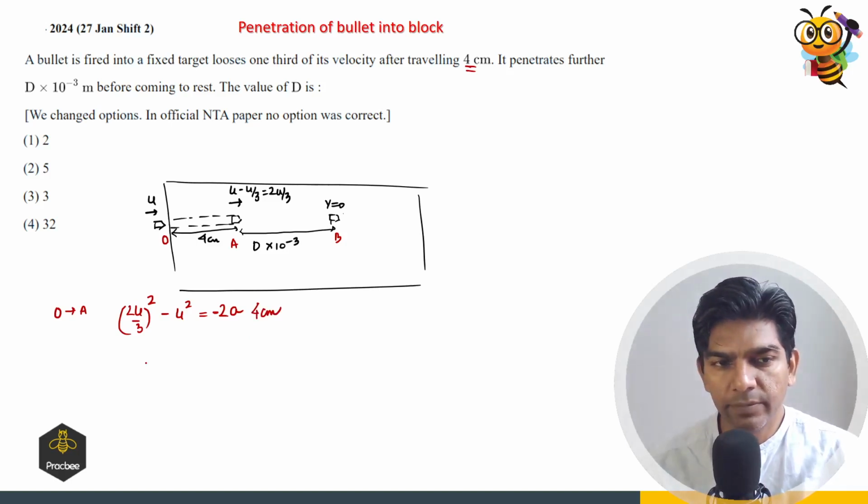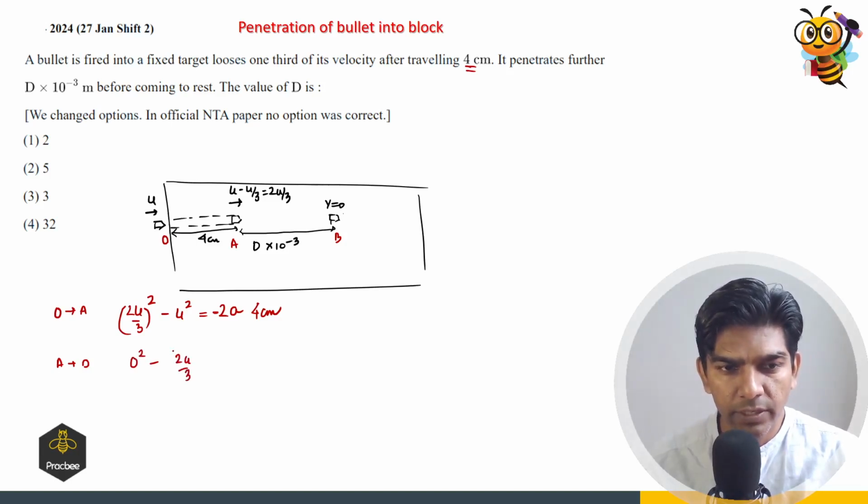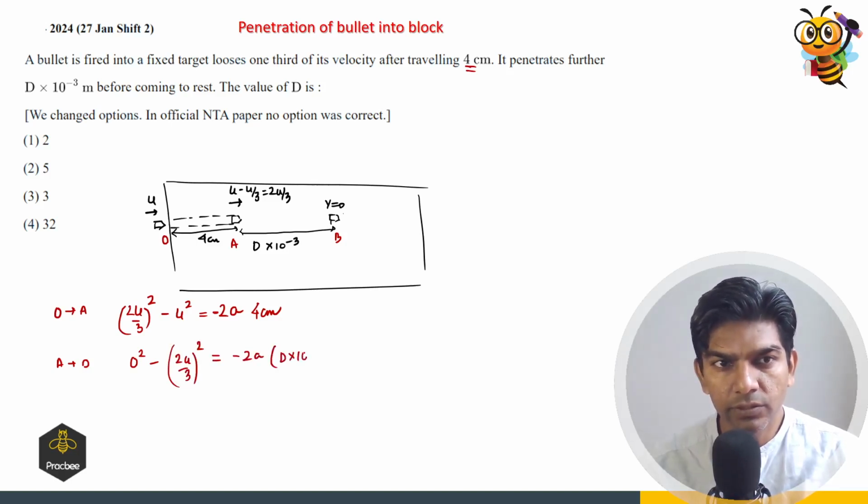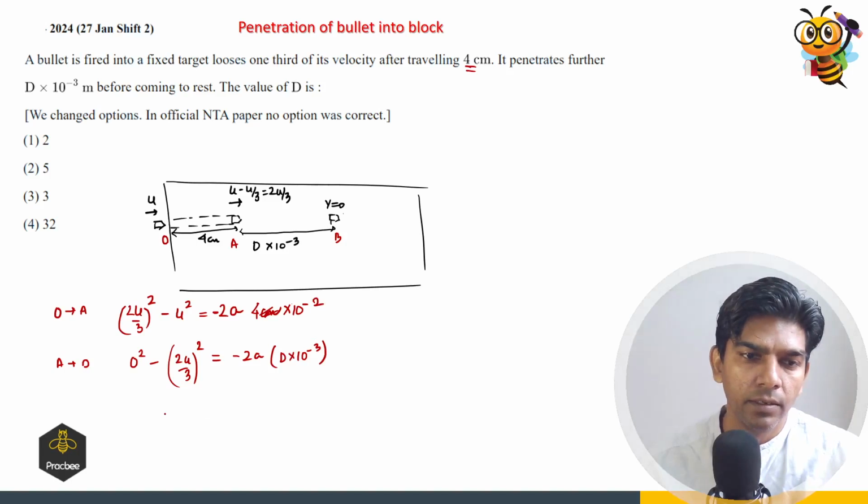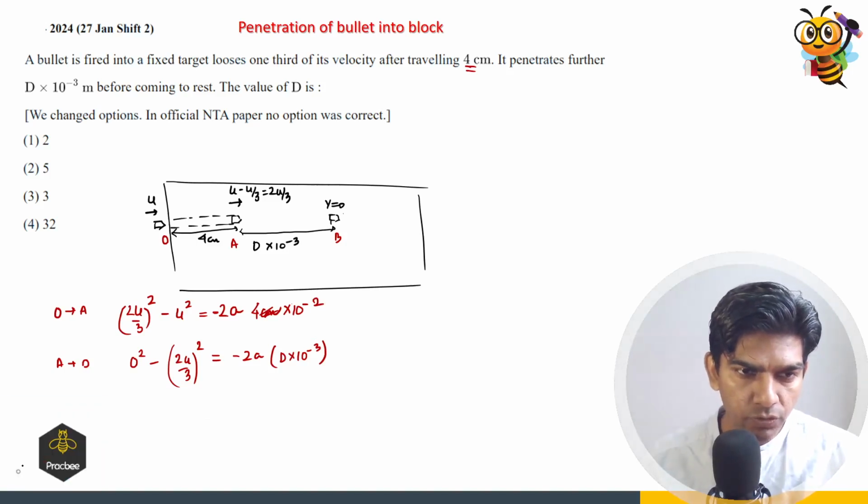Now we can apply the same equation from A to B. So that will be final velocity 0 minus initial velocity (2u by 3) square, and this will be equal to minus 2a times d into 10 raised to power minus 3. So this is in meters, so let me convert this 4 centimeter into meters. Now let us take the ratio of these two.